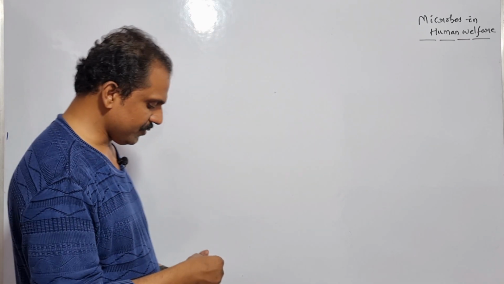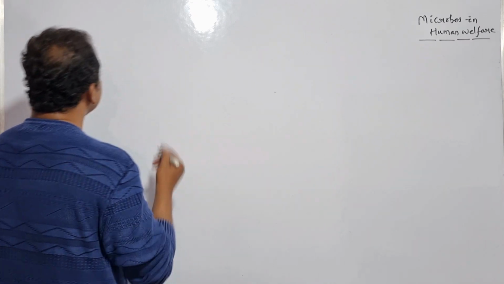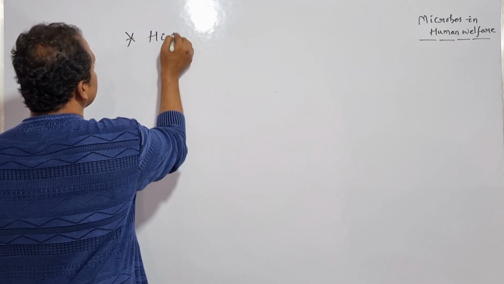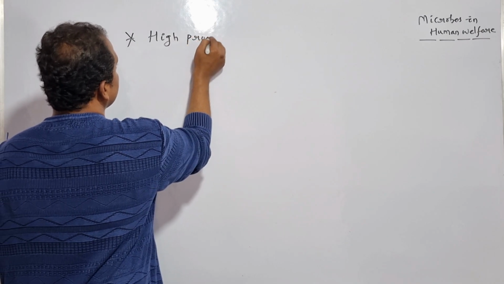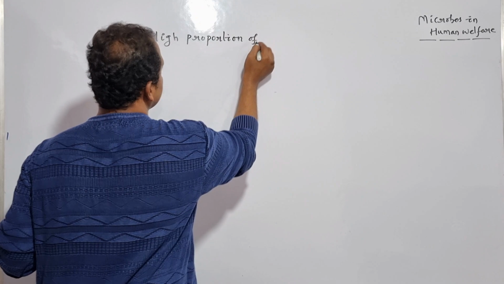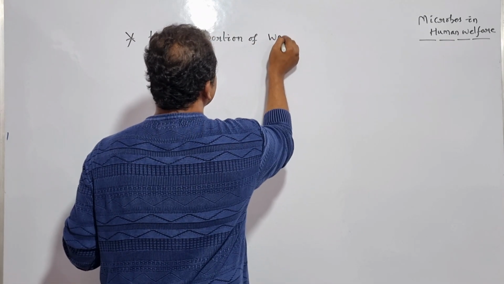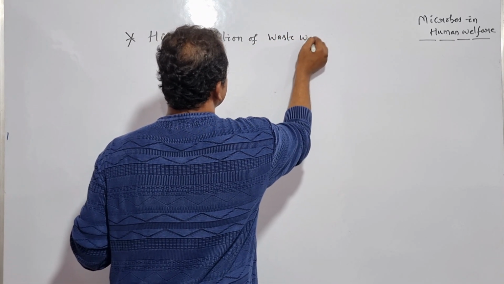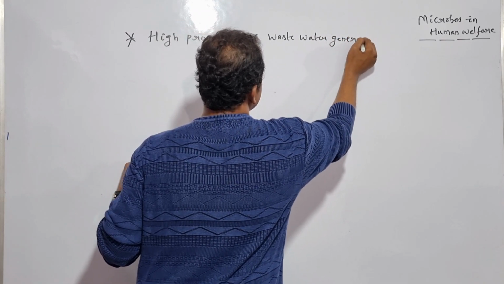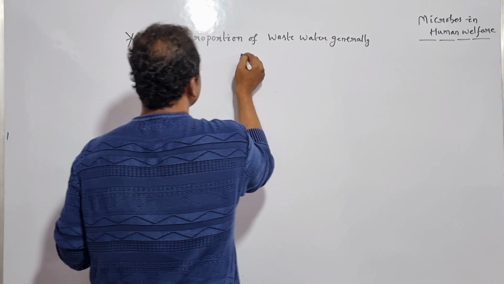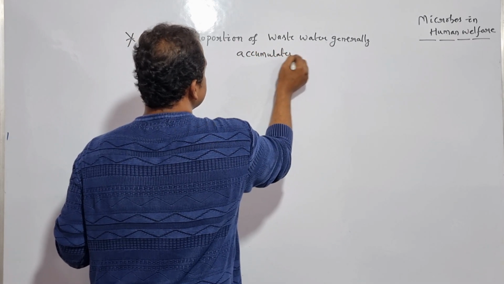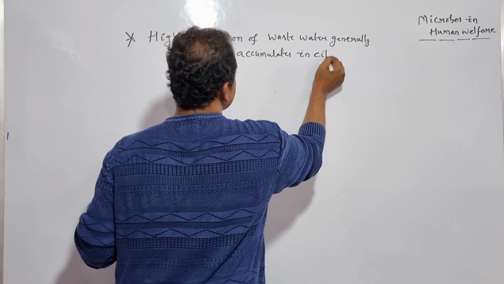So let me write it on the board. High proportion of wastewater generally accumulates in cities and as well as towns.